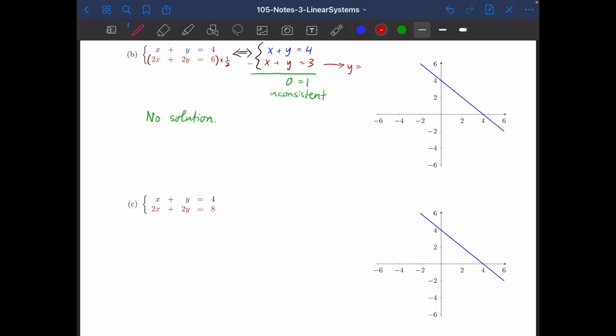We can rewrite as y equals 3 minus x. This is a line that has a y-intercept at 3 and a slope of minus 1. And we see that the two lines are parallel, distinct.